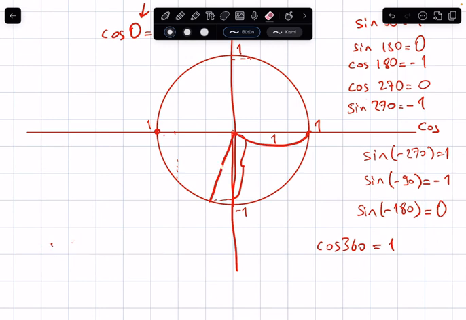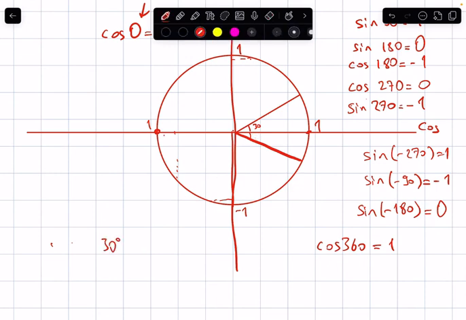I'm just going to compare these two. Watch carefully, please. This one, 30 degrees. This one, -30 or 330 degrees, right? If I follow like this. So I have 30 degrees and I have 330 degrees. In that case, the distances of these on the x are the same.